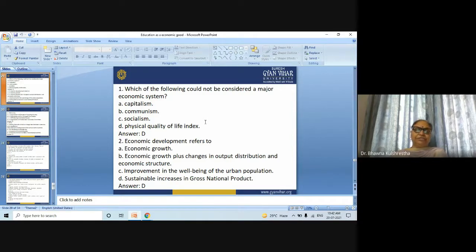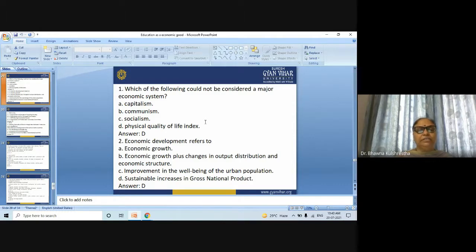And the next question: economic development refers to economic growth; economic growth plus changes in output, distribution, and economic structure; improvement in the well-being of the urban population; or sustainable increases in gross national product.